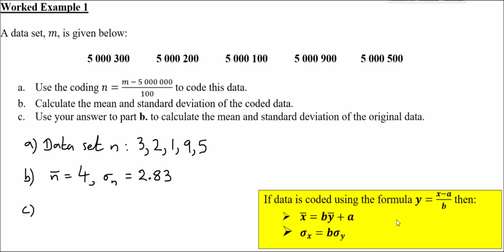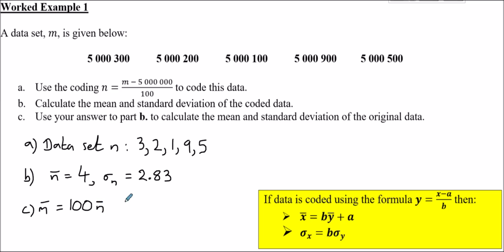So using this idea and adapting it to our particular case, we can work out the mean of m. The mean of m is going to be the mean of n multiplied by what we divided by. So we divided by 100, so it's going to be 100 lots of the mean of n.